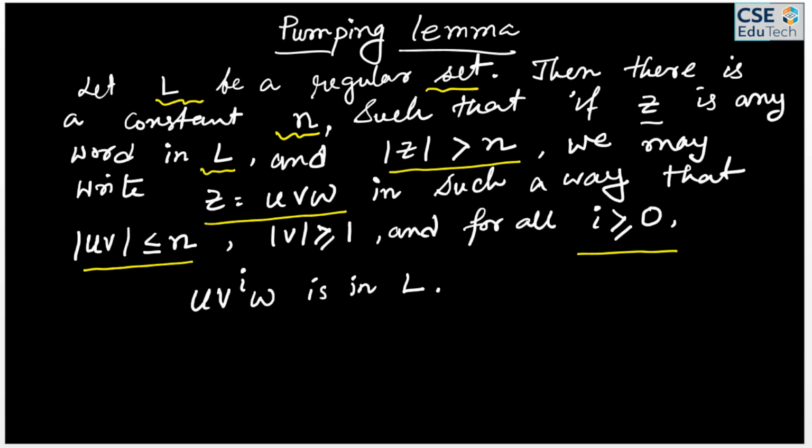Now the concept is very simple. Suppose we consider that z is any word or any string of the form a1, a2, up to am, where m is greater than n.